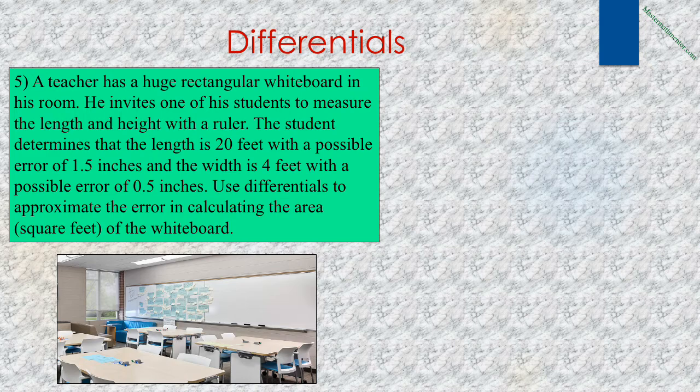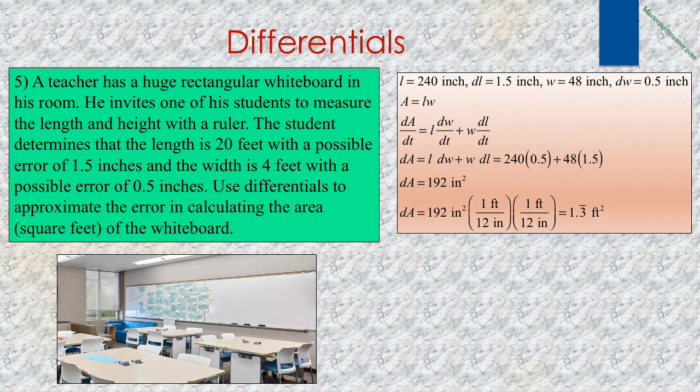The width is slightly easier to do, and he estimates the width to be 4 feet, but may have made an error of 0.5 inches. We would like to use differentials to approximate the error in calculating the area in terms of square feet of the whiteboard.